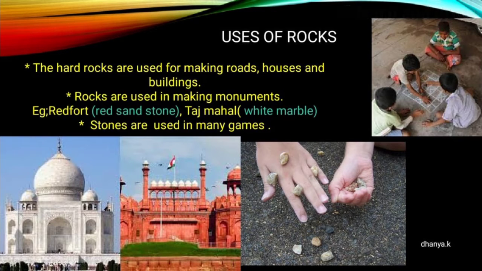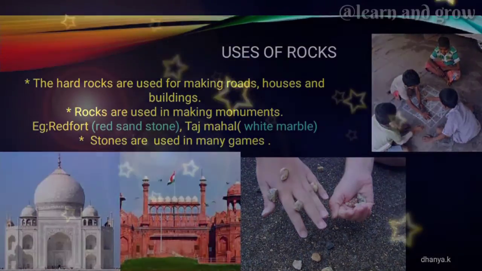The stones are used in many games, for example, seven stone, hopscotch, and five stone. Rocks are also used in making monuments. Example, Red Fort is made up of red sandstone and Taj Mahal is made up of white marble.